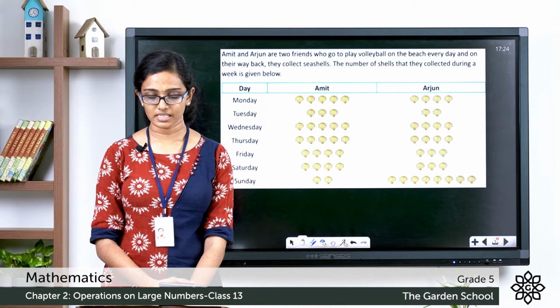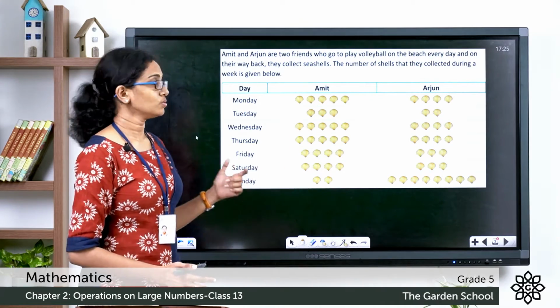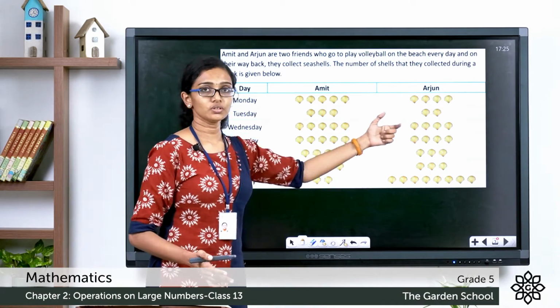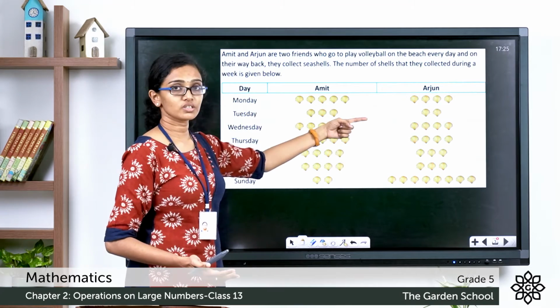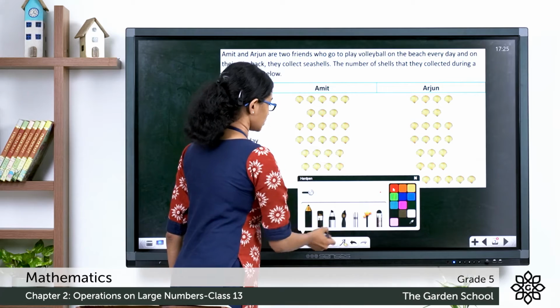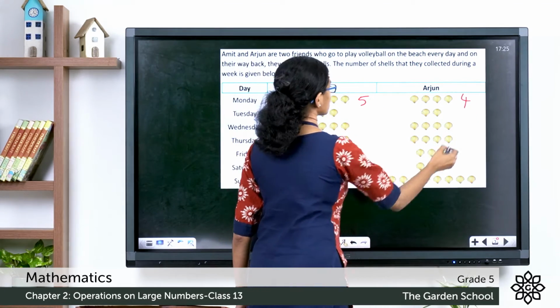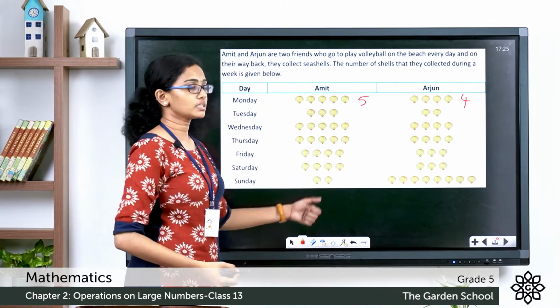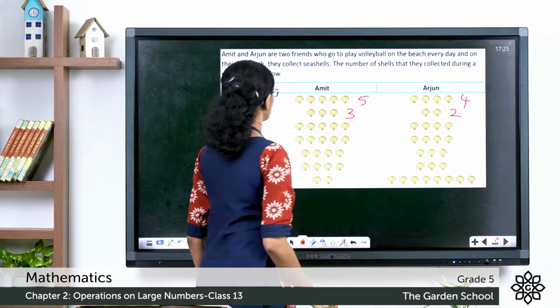The number of shells that they collected during a week is given below. So the two friends Amit and Arjun used to collect seashells and on Monday they collected how many seashells? Amit collected 5 seashells whereas Arjun collected 4 seashells. Tuesday Amit collected 3 whereas Arjun collected 2.